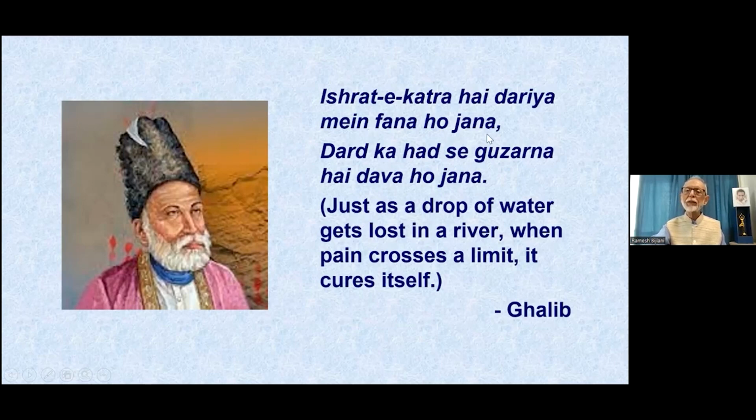When pain crosses a certain limit, when it crosses all boundaries, then the pain itself becomes a medicine, it becomes a painkiller. So when pain becomes very severe, the pain cures itself. It works like a remedy for the pain.